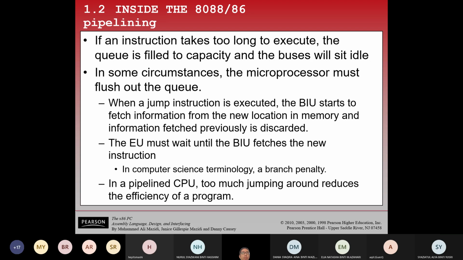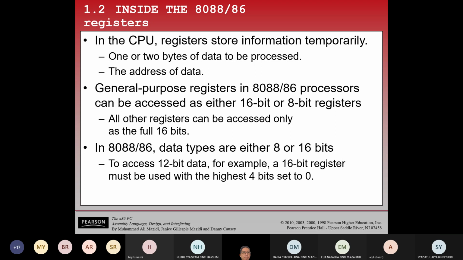If you keep doing the flushing, meaning too much jumping, this will reduce the efficiency of a program. That's the pipelining technology, and how it works.